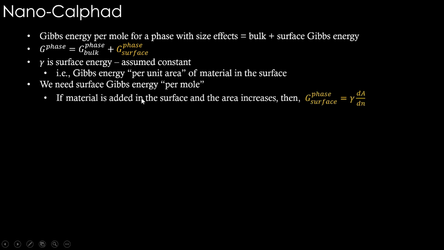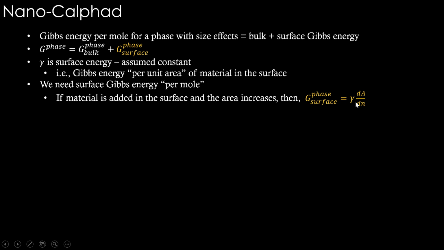To understand that, we can ask the question: if some material is added to the surface, how much will be the change in the surface energy per mole? If a material is added to the surface, then the area increases. Then G of phase surface is basically the change in gamma provided the area increases with the addition of material.